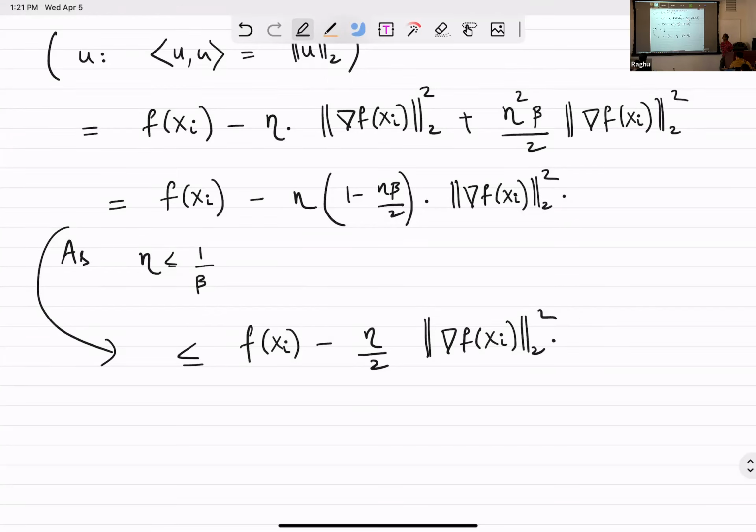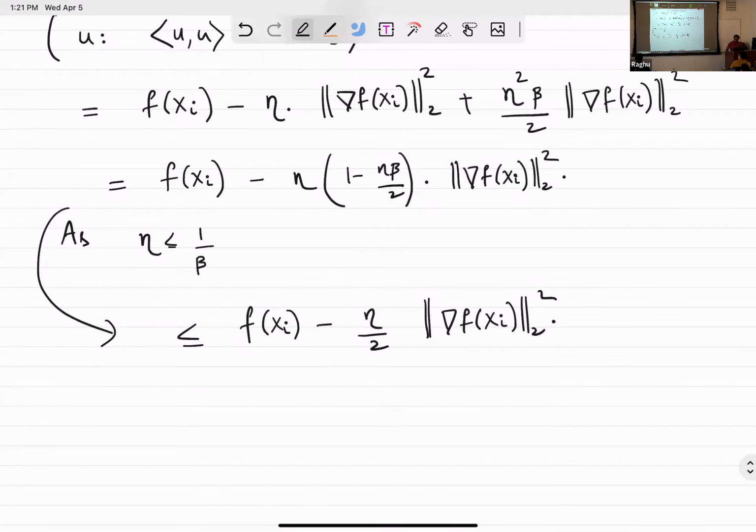The only thing that we are really using in this analysis is that in the current step, the step size is at most 1 over beta. So you can change the step sizes and do more things as well. But at the very least, we got this, QED.